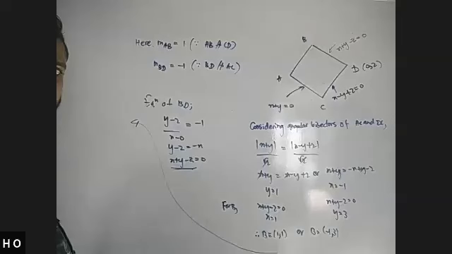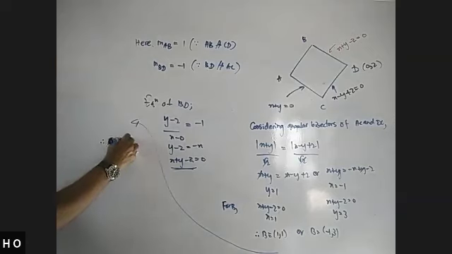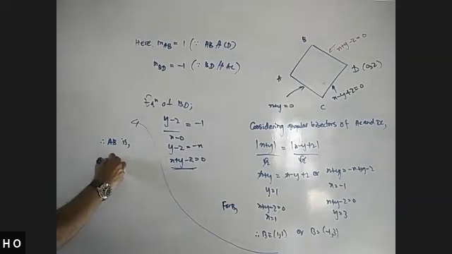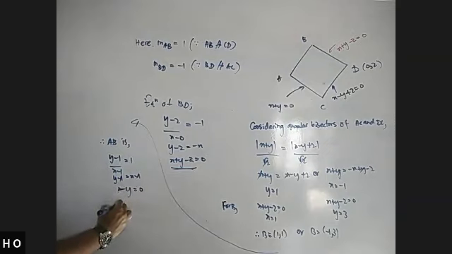Then you can say, therefore, the equations of AB. The equation of AB: you already know the gradient to be 1. So y minus 1 over x minus 1 is 1. Y minus 1 is x minus 1, so x equals y, which means x minus y equals 0.